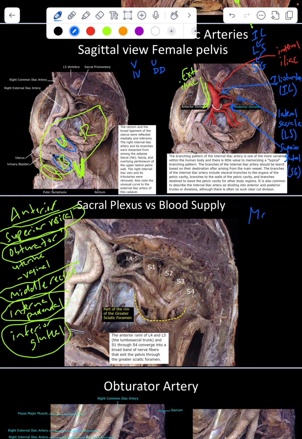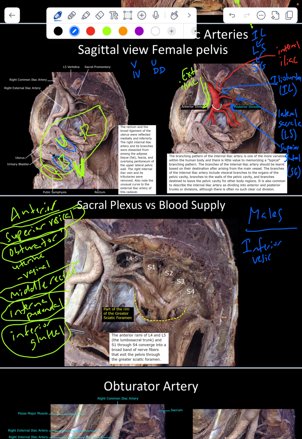In males, however, instead of the vaginal and the uterine, okay, instead of vaginal, we have inferior vesicle.